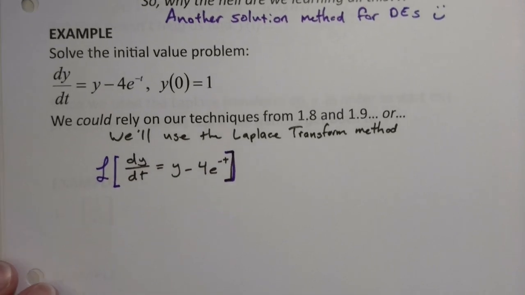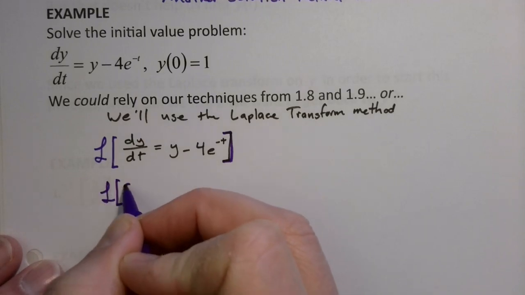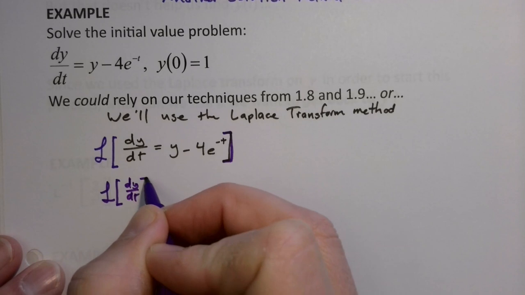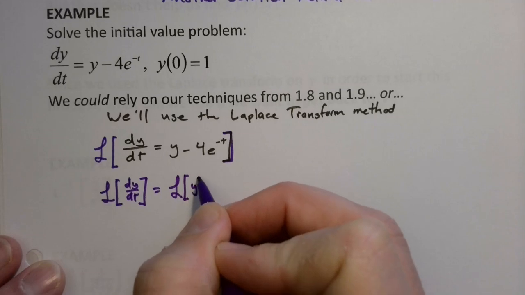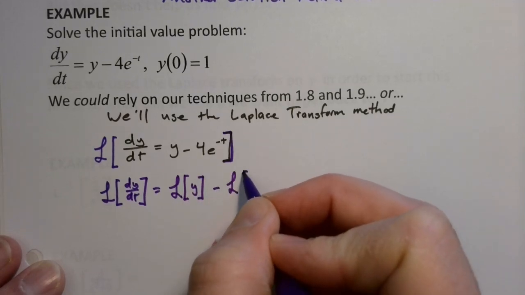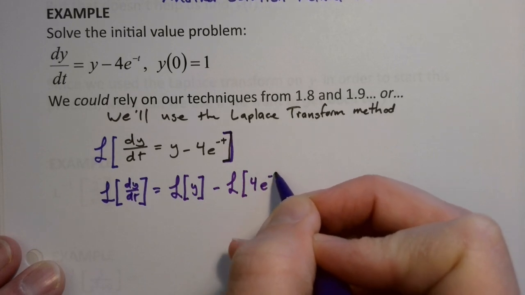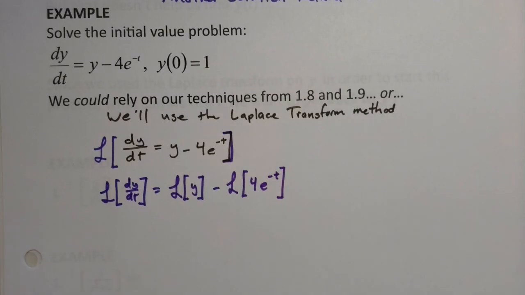So let's apply the Laplace transform to our derivative, dy dt. The other side of the equation is the Laplace transform of y minus the Laplace transform of 4e to the minus t. Right out of the gate, if we know how to take the Laplace transform of dy dt, then we can proceed.